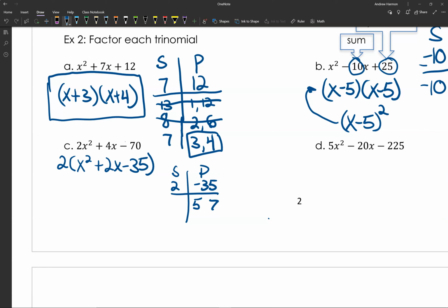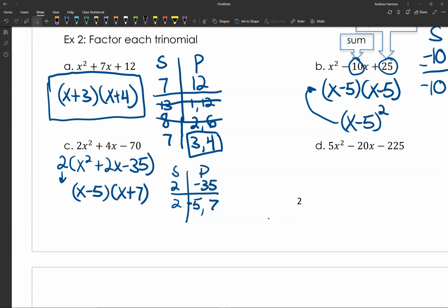Positive 5 and positive 7 gives me positive 35, and I want negative 35, so one of them needs to be negative. But since I want to add to get a positive 2, the smaller number should be negative, so when I add 7 plus negative 5, I get positive 2. So then this x squared plus 2x minus 35 becomes x minus 5 times x plus 7.